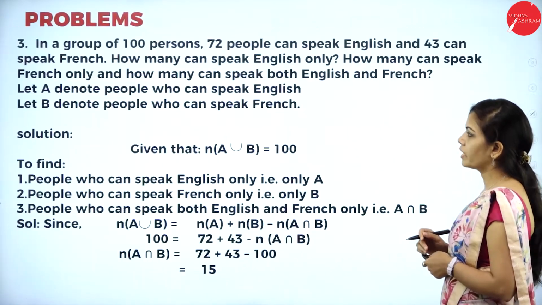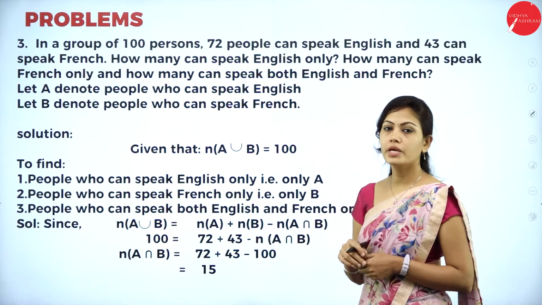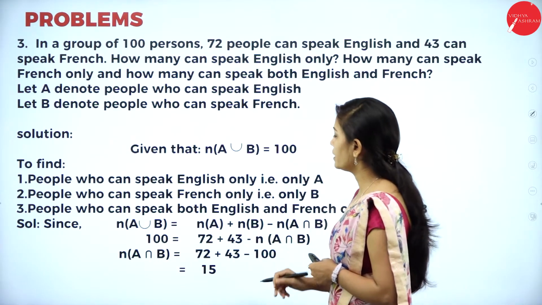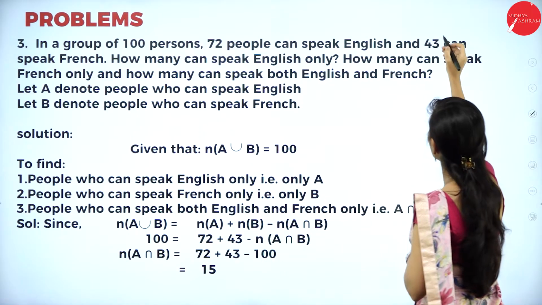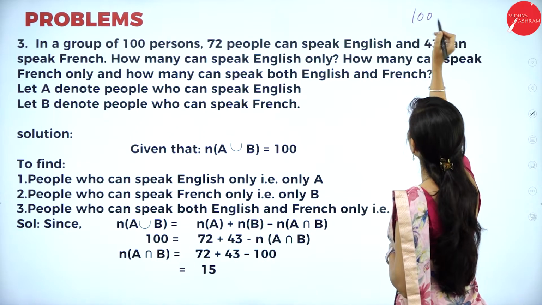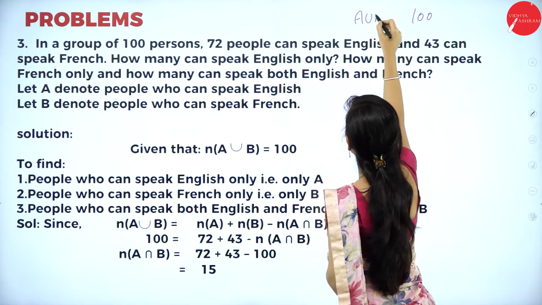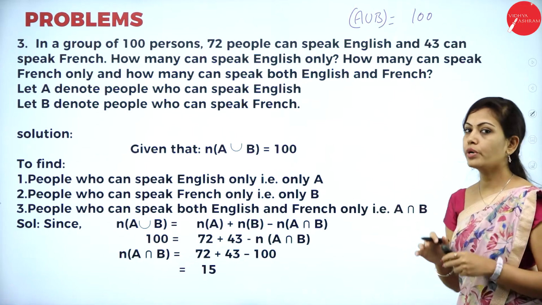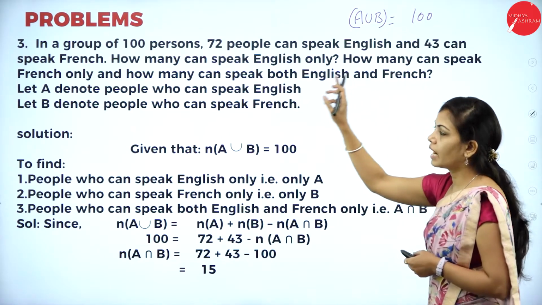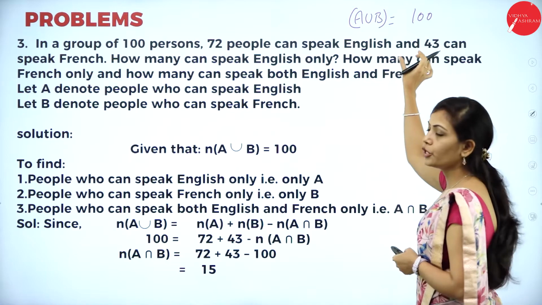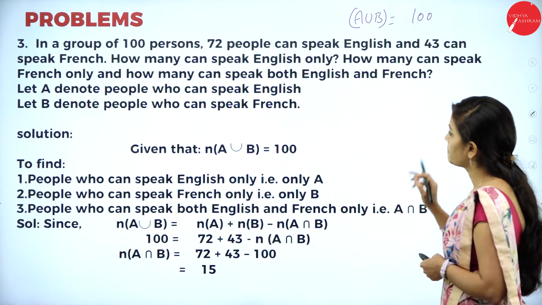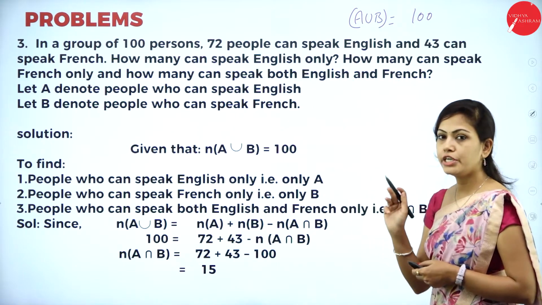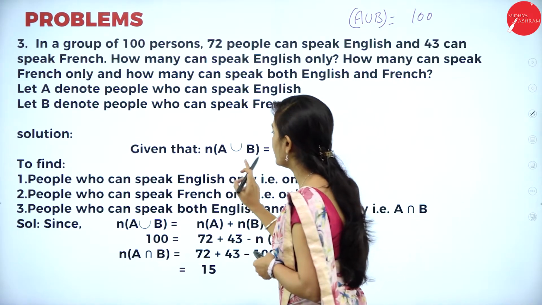So next problem we have. In a group of 100 persons means we have 100 persons in total, that is A union B is equal to 100. First read the question properly. And 72 people can speak English.